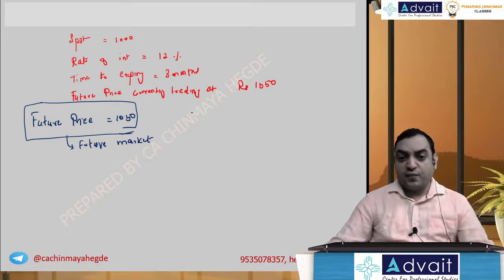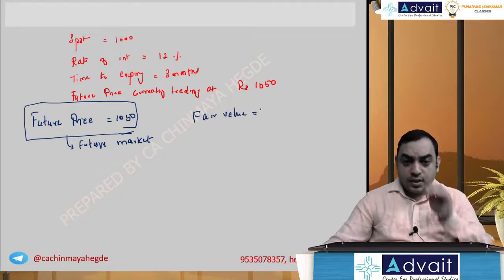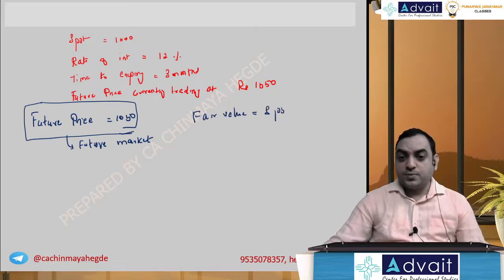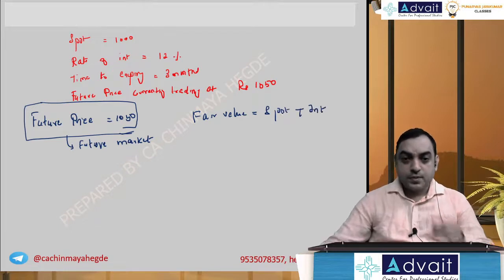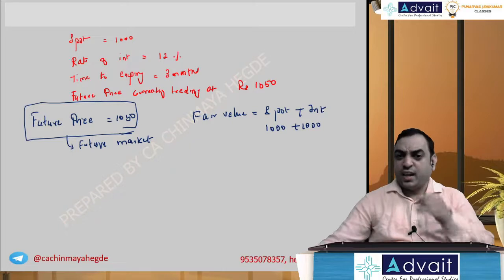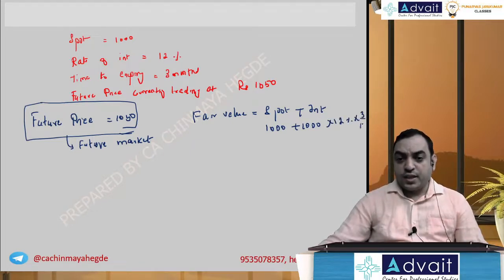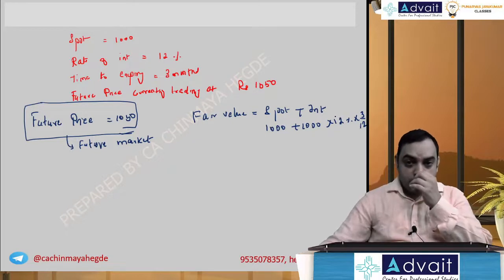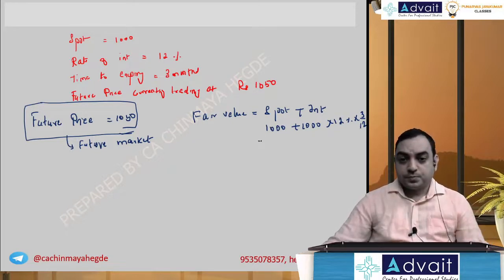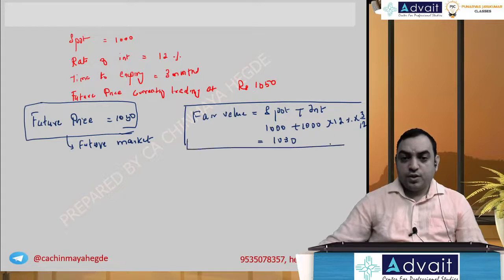Spot market means fair value. Fair value is spot price plus interest. Spot price is 1000, and I'll take simple interest for the time being: 1000 into 12% for a period of 3 months, 3 by 12. So you get 1000 plus 30, 1030. This is for the spot market.